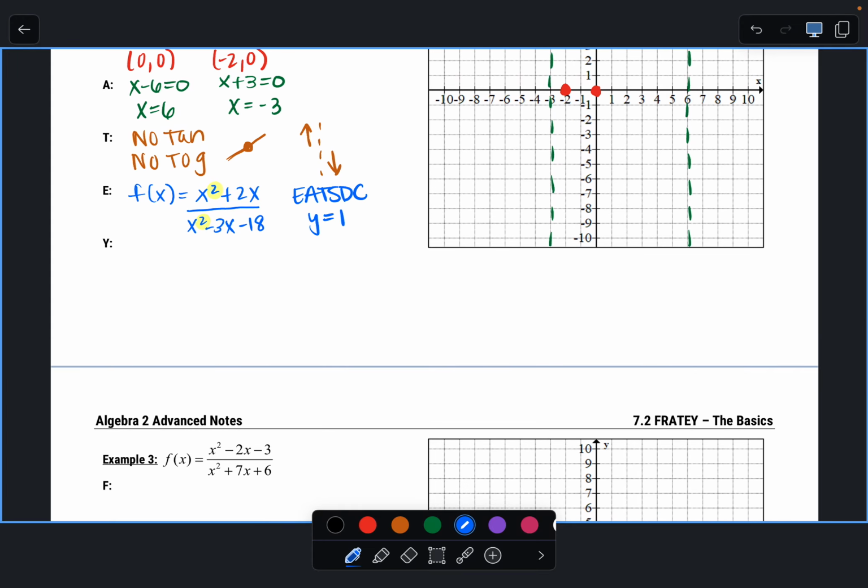Now, before you draw this line all the way across, E stands for end behavior. And when you have a problem where there are 3 sections, the end behavior is the ends of the graph. So I'm only going to draw my horizontal on the outside sections.